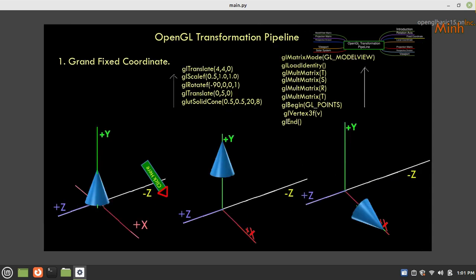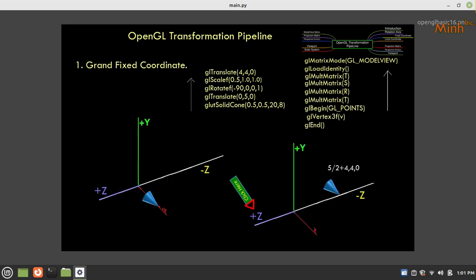Earlier this distance was 5, and now it will become 5 by 2 because along the x axis we have scaled.